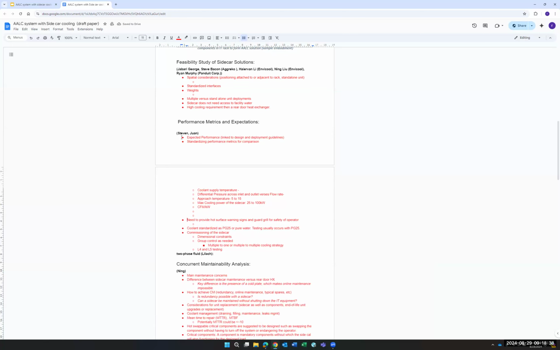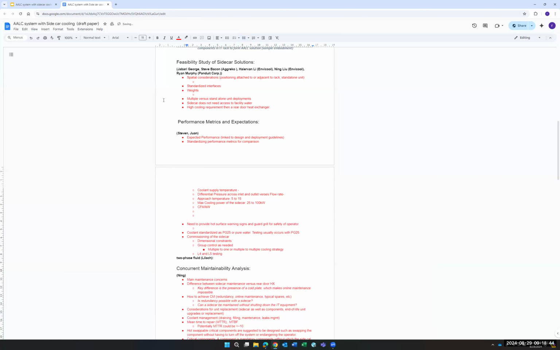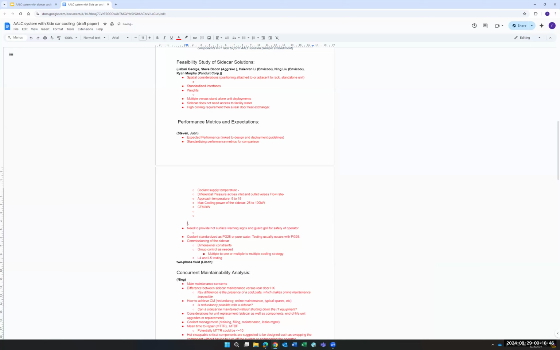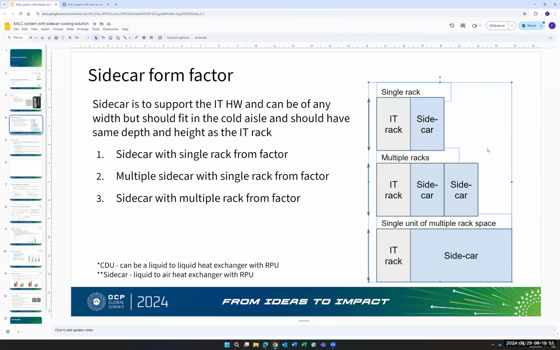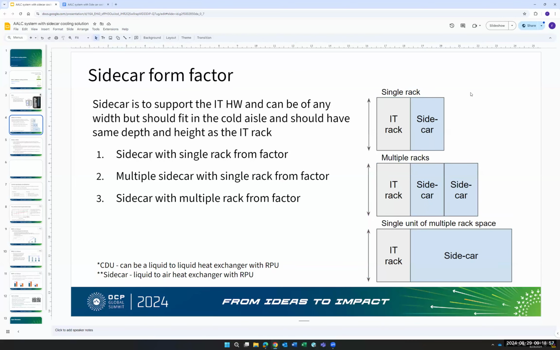I think this is right, that the sidecar is able to deploy more power than the rear door, but the biggest issue, from my point of view, is that the liquid cooled servers are prepared to be cooled by liquid, not by air.